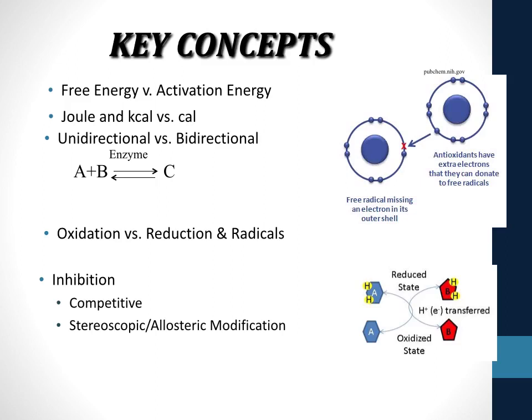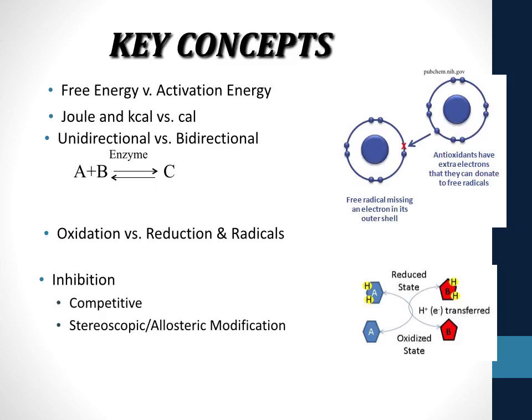The opposite of the unidirectional is the bidirectional. The bidirectional is also referred to as an equilibrium reaction. An equilibrium reaction means that as A and B are forming together, they form C. C will then start breaking down to what?